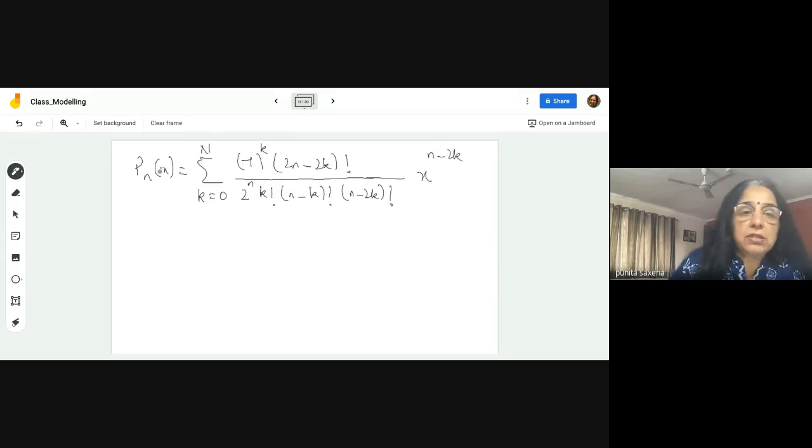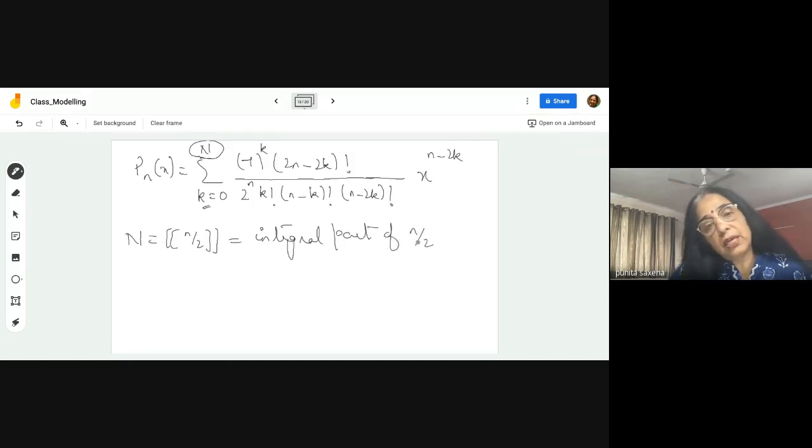Now see, your summation is varying from k, but it says capital N here. And what is capital N? Capital N is written as the integral part of n by 2, because that depends upon whether n is odd or even. If n is even, obviously n by 2 is an integer, but if n is odd, it is the integral part of n by 2.